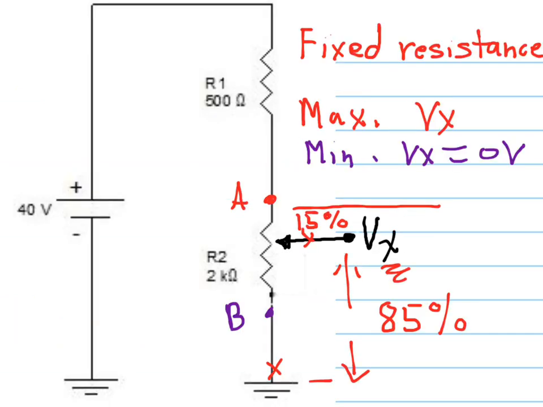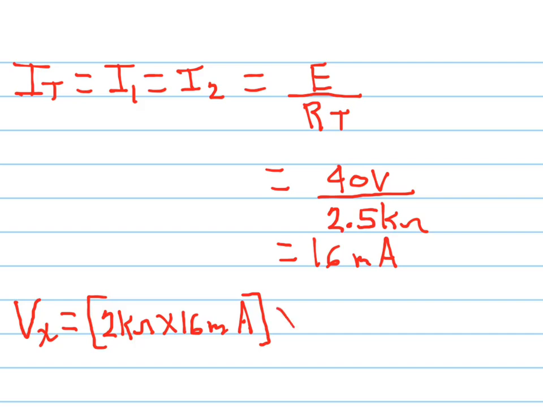Okay, so that will give us the voltage across the whole R2. That's from that point all the way down to that point. But from the wiper to point B, the ground, we only see 85% of that. So we have to multiply that by 0.85. All right, hopefully you're with me.